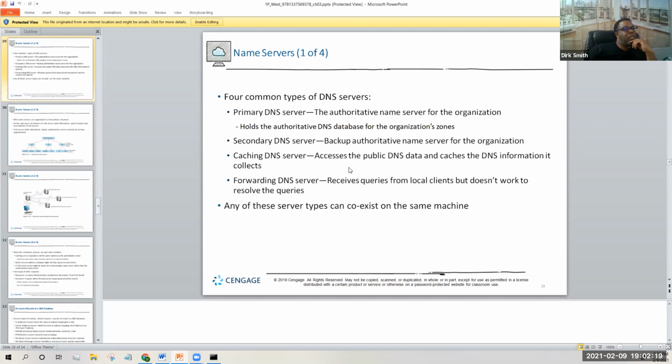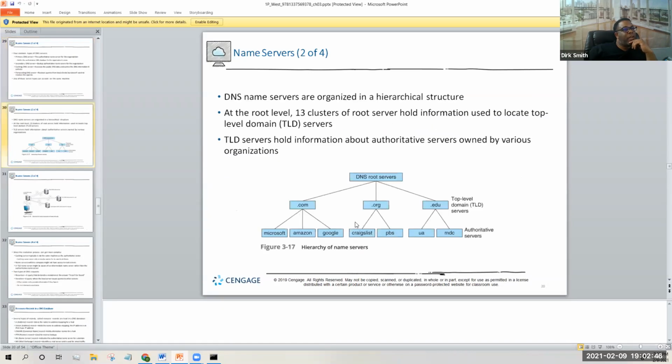The caching server accesses public DNS data and caches the DNS information it collects. The forwarding server receives queries from local clients but doesn't work to resolve them. Any of these servers can coexist on the same machine, so one server can be doing multiple functions. That's basically what this last statement is saying.